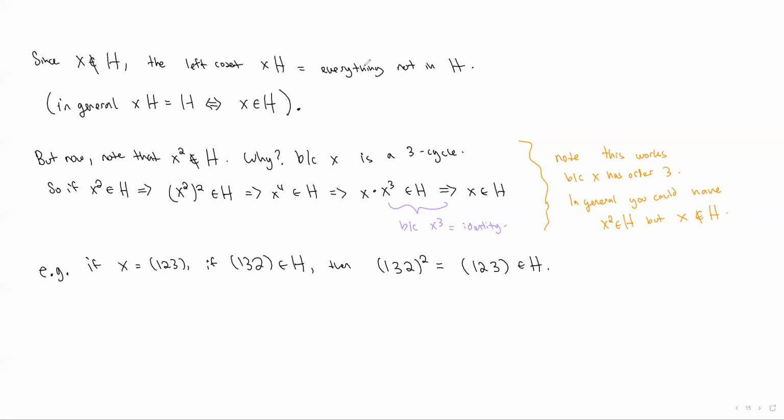Okay, so both X squared and X are not in H. And that means X squared times H must be X times H, which must be the other left coset, the coset that contains everything not in H.